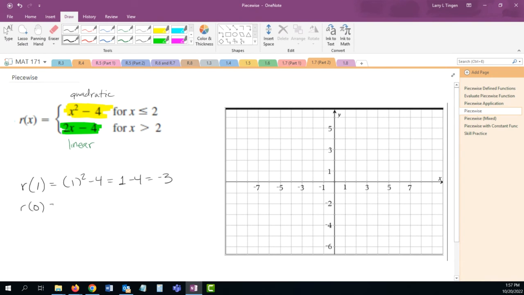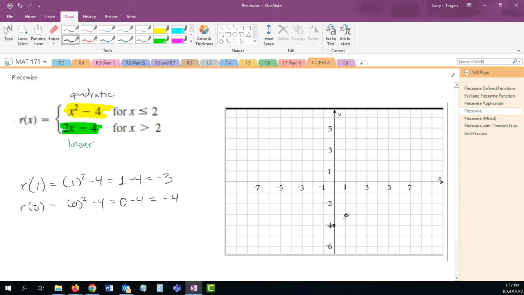And then 0. That is 0 squared minus 4, which is negative 4. So at 1, negative 3, I have a point. And then 0, negative 4.